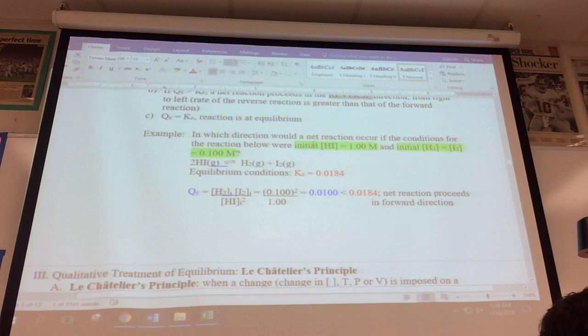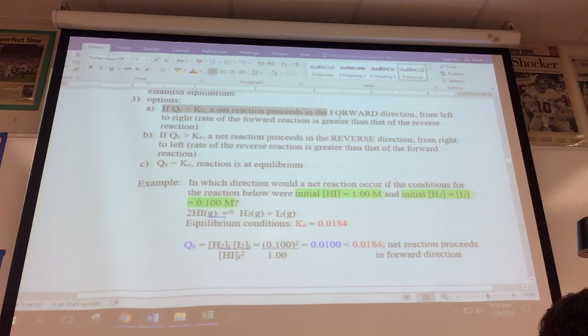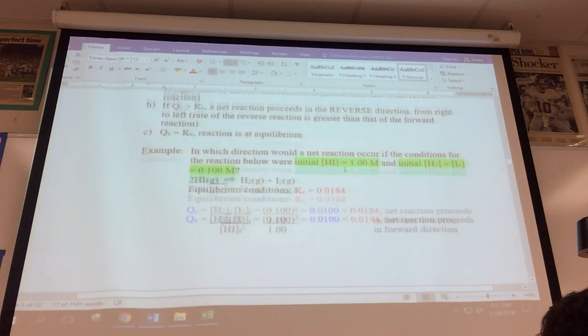In this particular example, all of this is given. I'm going to calculate my Q. 0.1 squared over 1 is 0.01. Q is less than Kc, and so the forward reaction is favored.